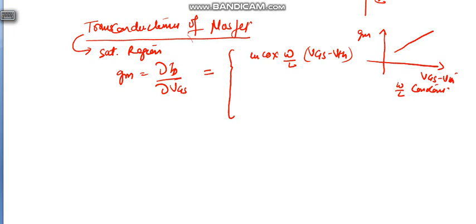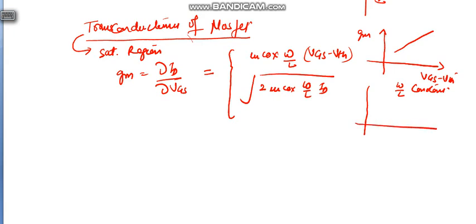Now the second equation is the square root of 2 mu n COX W by L ID. We can draw the plot something like this. So this is Gm, this is ID, and W by L constant.